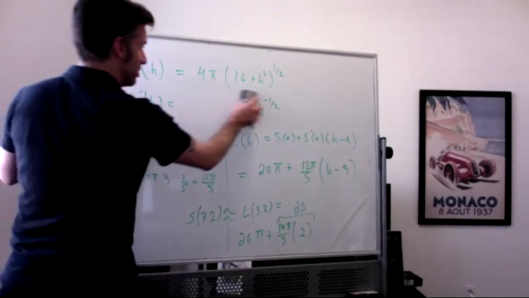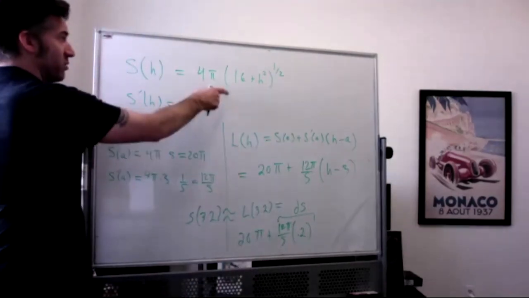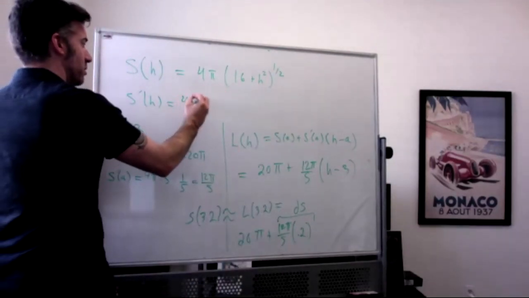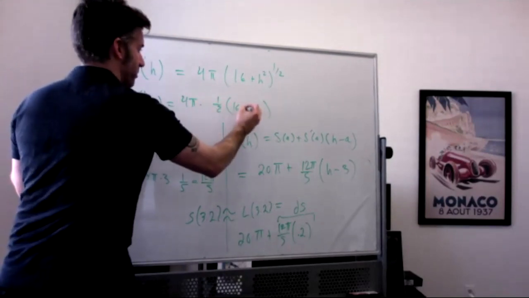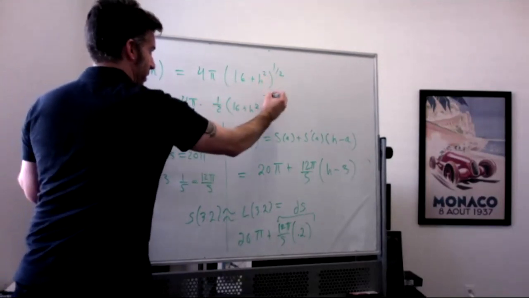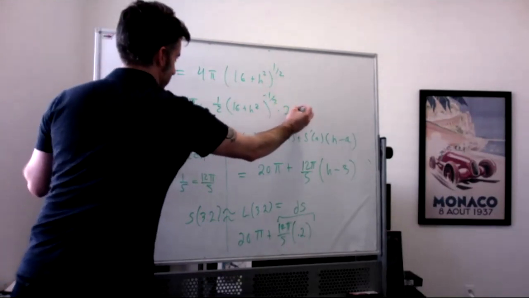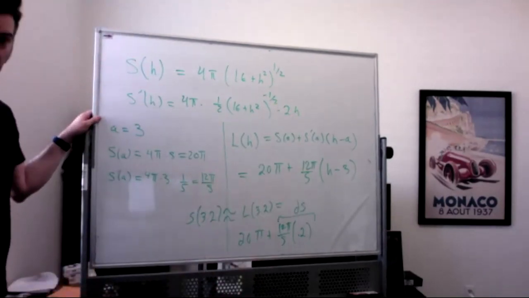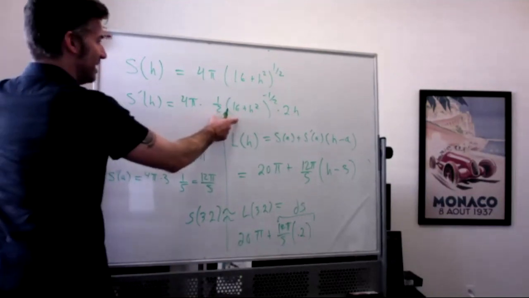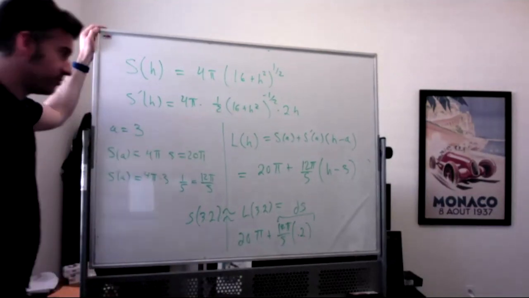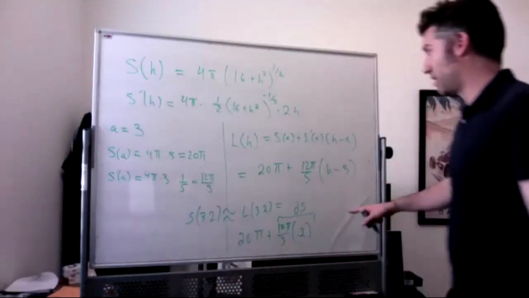But really, I'm just using my derivative rules, right? Taking the derivative of this, that's 1/2 times my stuff to the negative 1/2 power times the derivative of my stuff. That's my s prime of h. And then my ds is just this times dh, which is exactly what I'm getting right here.